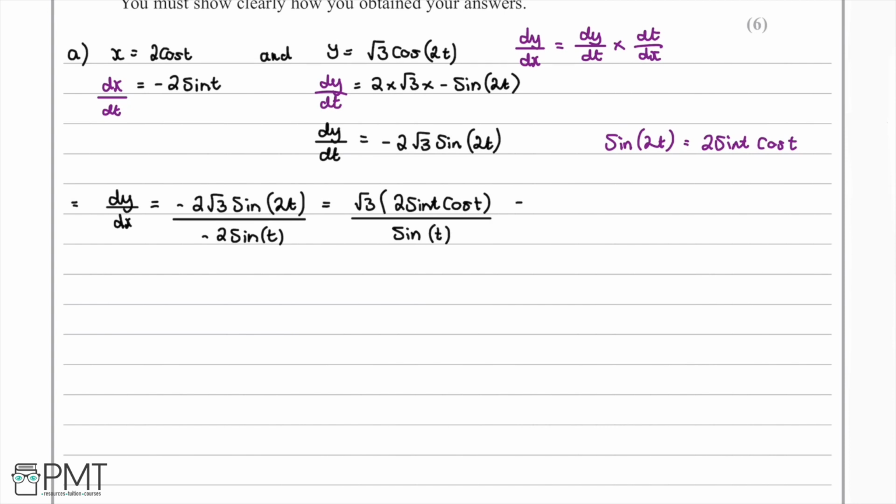And then multiplying out the brackets at the top, we'll have 2 root 3 sine t cos t, and we divide this still by sine of t. And then we now notice that we have a sine t and a sine t here, which will cancel out, which leaves us to conclude that dy by dx is going to be equal to 2 root 3 cos of t.